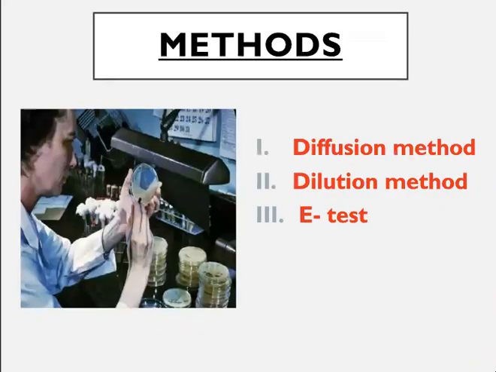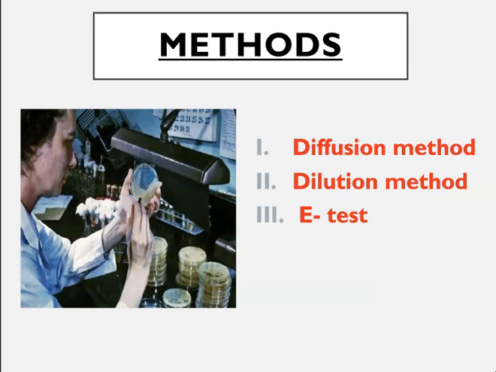So there are actually several methods for AST. We have the diffusion method, which is widely used. We have the dilution methods, and we have recent methods like the e-test. In diffusion, we will be able to get the MIC. Also in dilution, we can get both MIC and MBC.